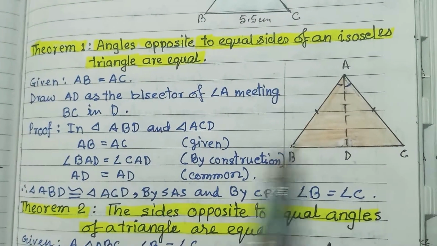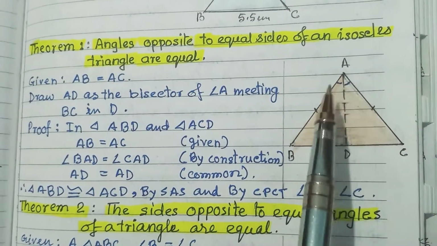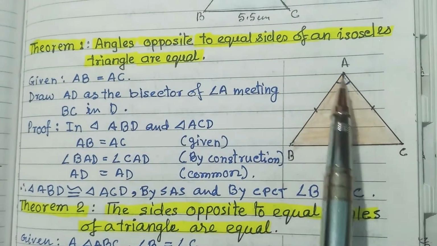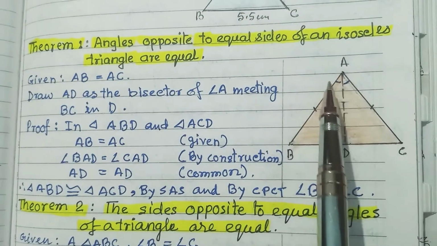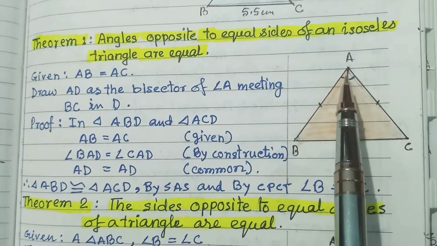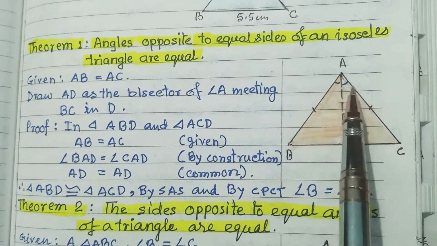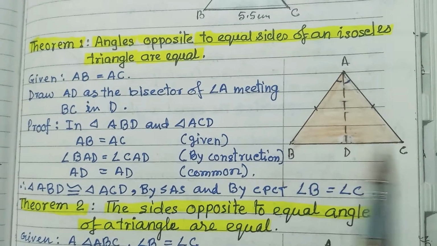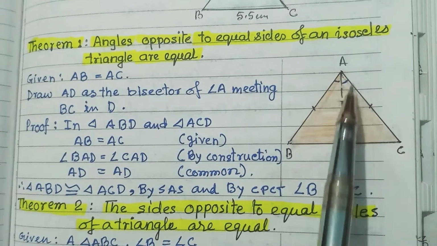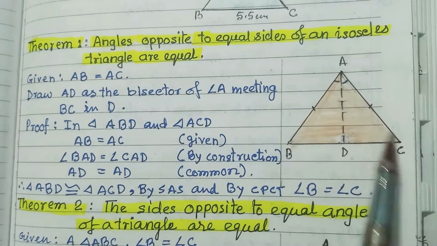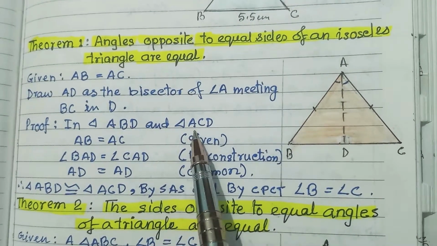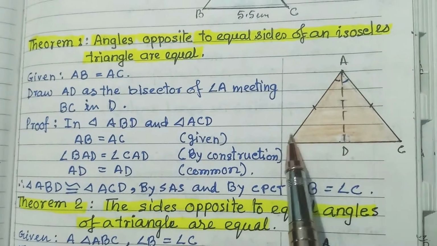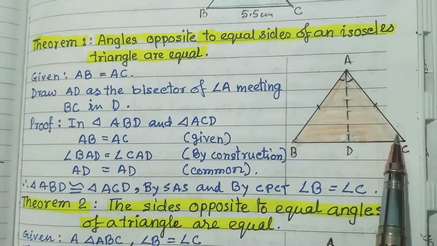Before proving, construct AD, which is the bisector of angle A. It divides angle A into equal parts and intersects BC at D. Now in triangles ABD and ACD, AB is equal to AC, given.